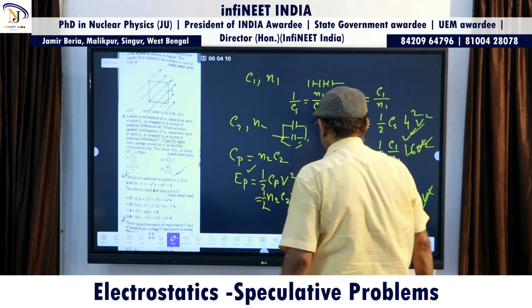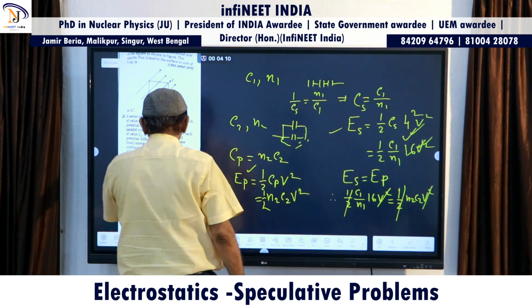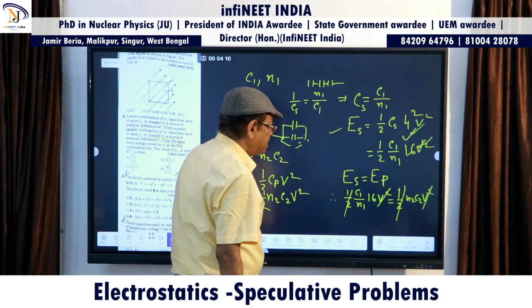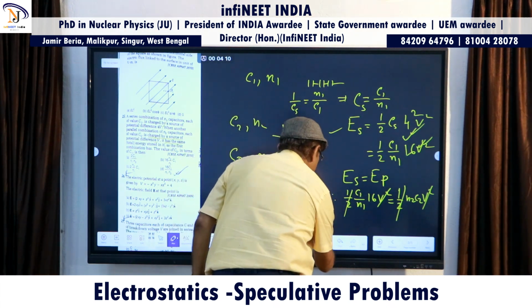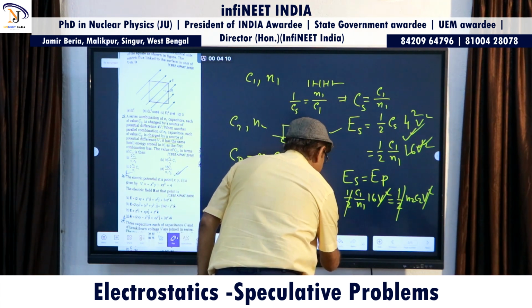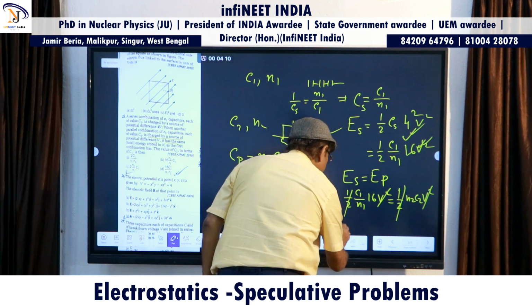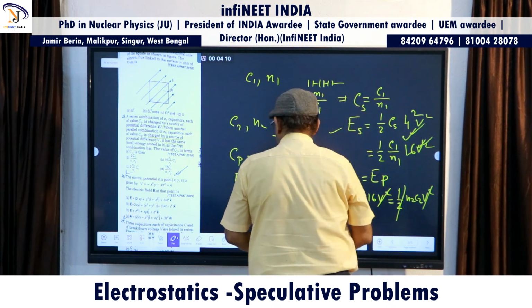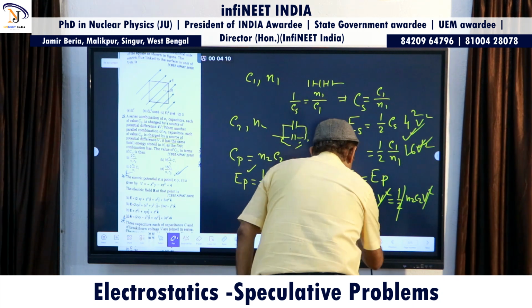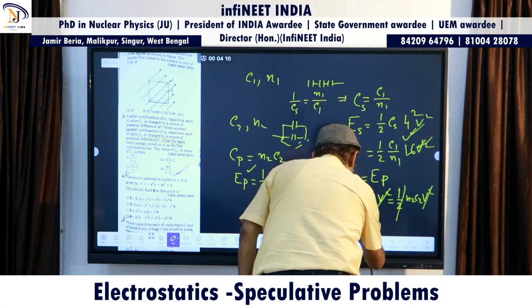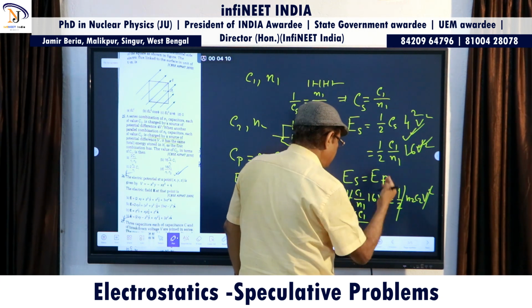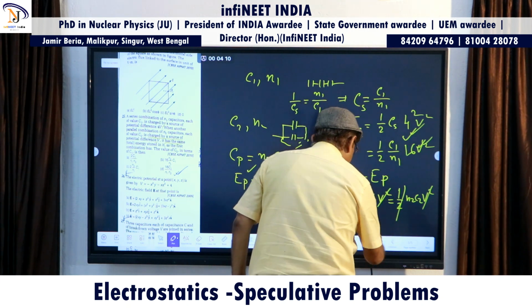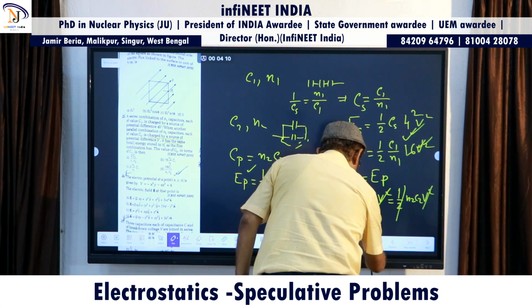What you have to find? You have to find C2. Then what will be the value of C2? Very easy. C2 equals how much? C2 will be 16 C1 by N1 divided by N2.